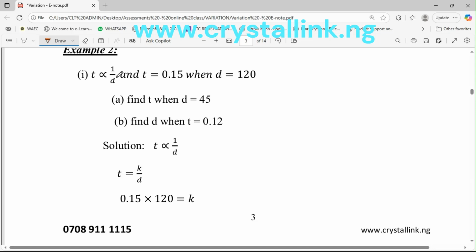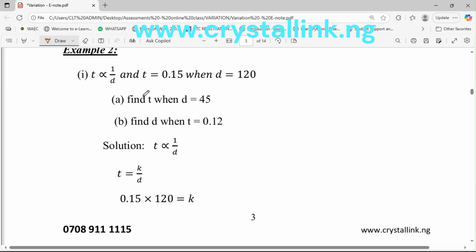So instead of giving you this statement in words, they gave it to you already in mathematics. Then these are the initial values. Now find t when d equal to this, and also what d is when t equal to this.